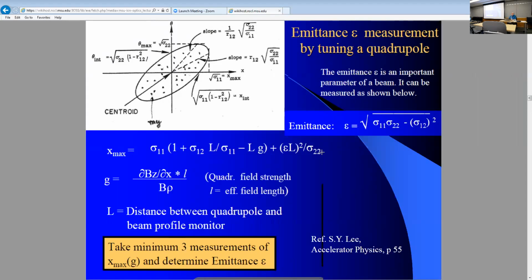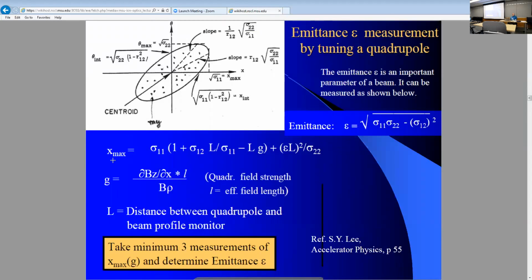But if you take three measurements, so you change the gradient, you create an independent equation, and you do that 3 times, then the system is determined. And since you know solving equations, you can then determine from these 3 measurements what the sigma matrix elements are, and then you know the emittance by calculating like this. So this is a way of doing it.